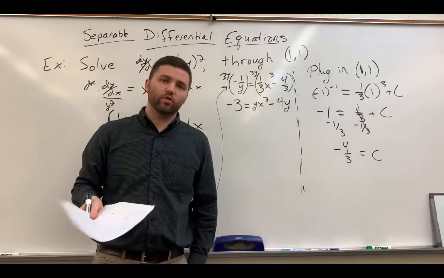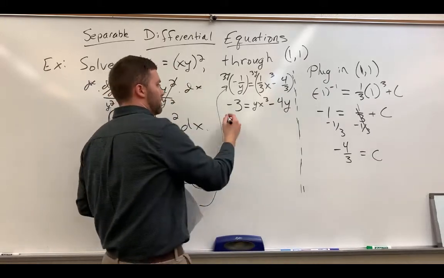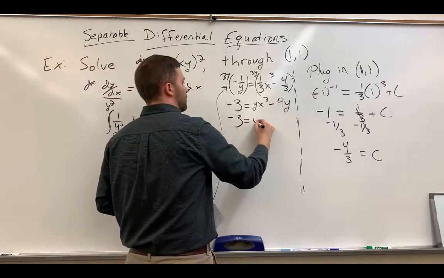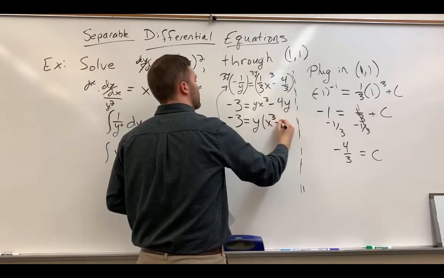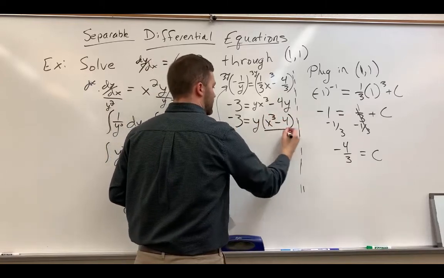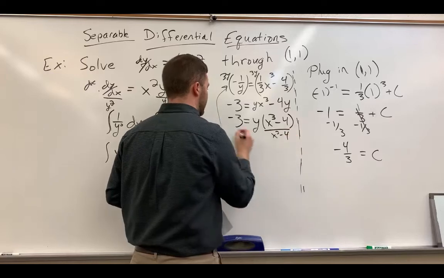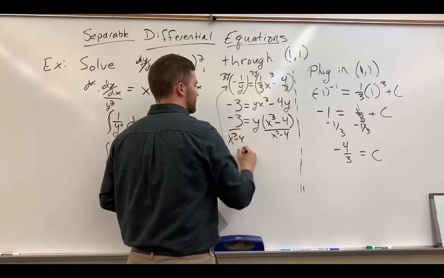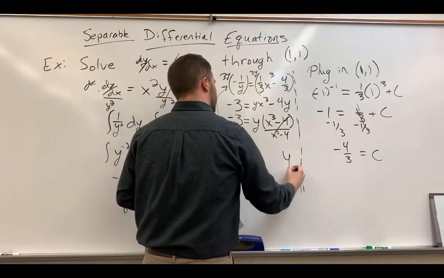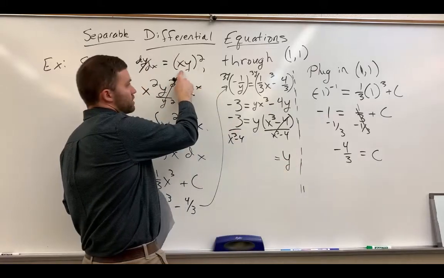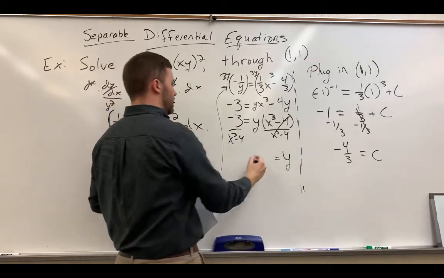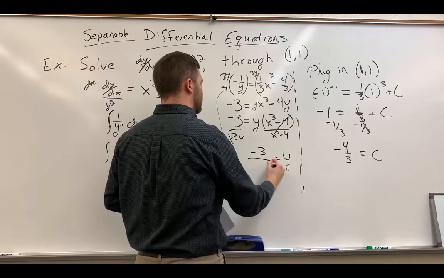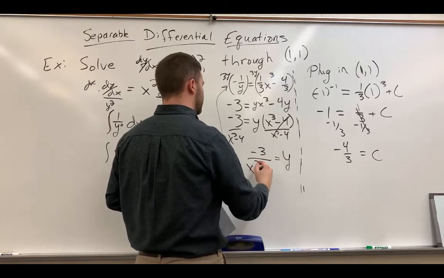Then I'm going to factor out the y and take that out in front. So negative 3 equals y times (x cubed minus 4). Divide both sides by x cubed minus 4, and we have this answer explicit. So the solution to this differential equation that goes through the point (1, 1) is y equals negative 3 divided by x cubed minus 4.